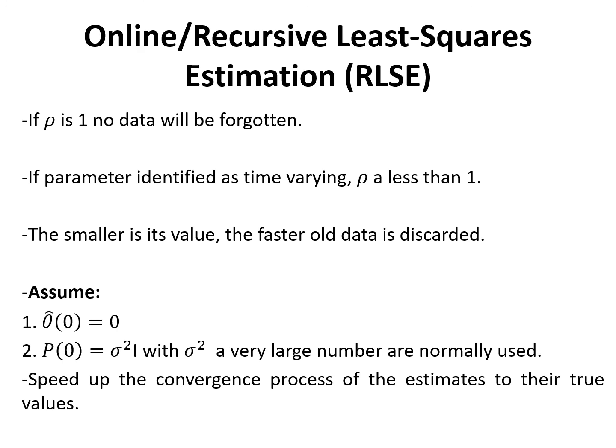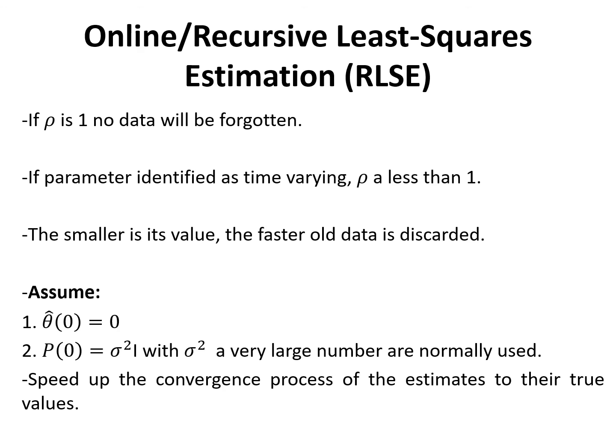We also assume theta hat 0 equal to 0 and P0 equal to sigma squared I, with sigma squared a very large number normally used. You can find it in the assignment question.